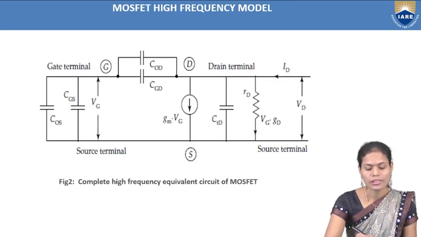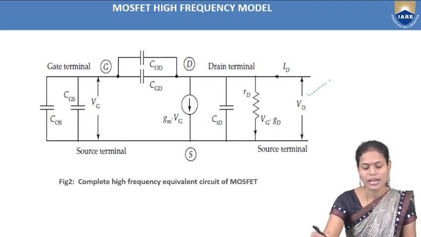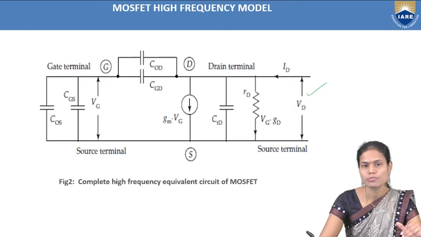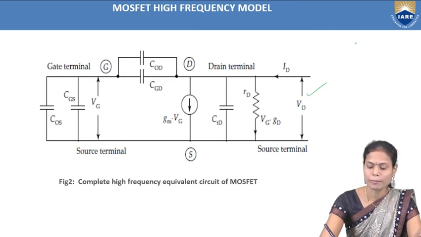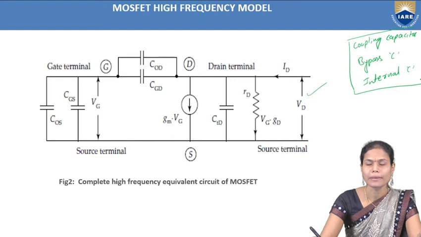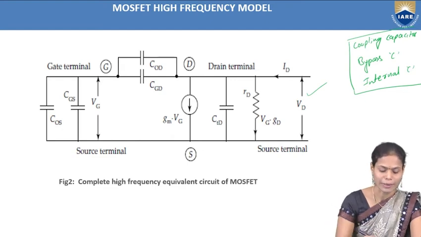After including all the capacitances, this is the high frequency equivalent circuit of the MOSFET. To draw this, first of all we have to consider the small signal model and include all the capacitors. These capacitors are the coupling capacitors, bypass capacitors, as well as internal capacitors.